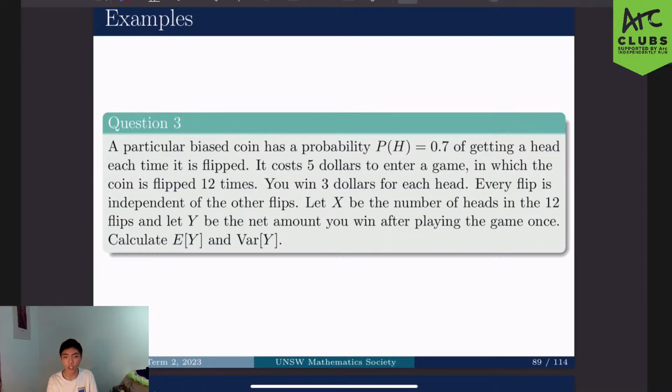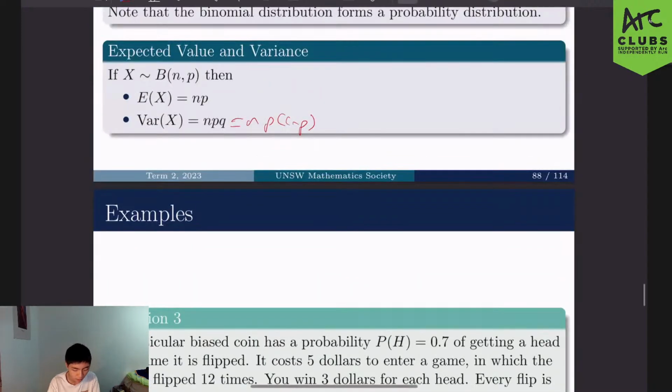You win $3 for each head, so I let that number be 3 for heads and 0 for tails, because you don't lose anything if you flip tails. Then I listed the probabilities and used the weighted sum formula for the expected value. That was long. I realized after doing this question that you can just directly use the formulas that you're given here. How do I apply this?